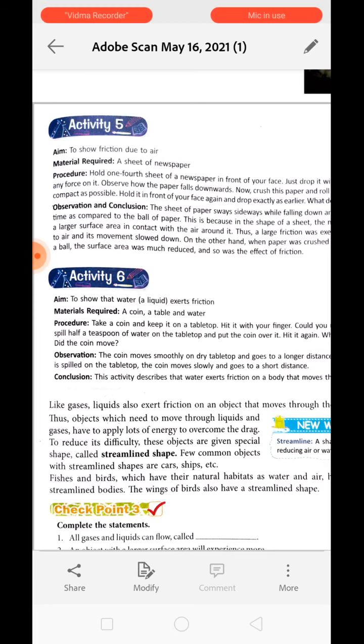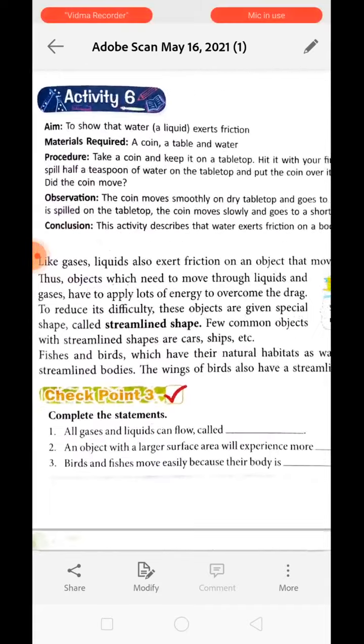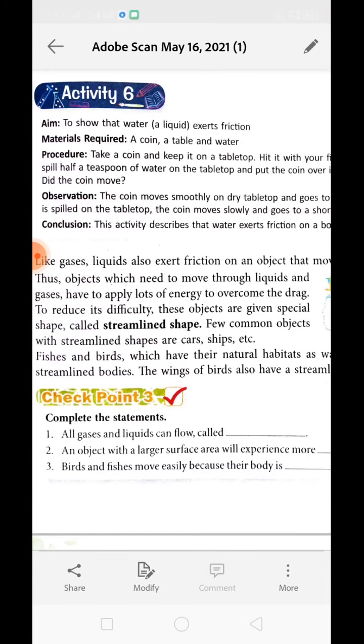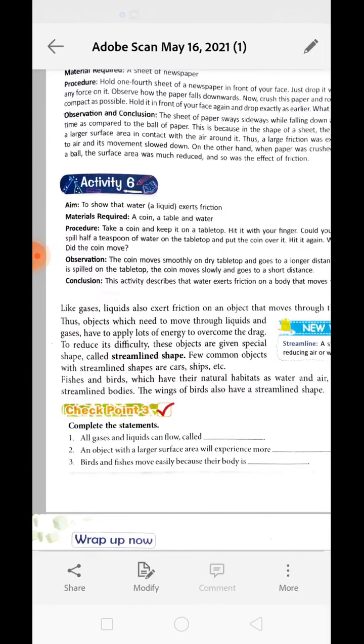Objects that need to move through liquids or gases acquire a special shape to overcome the drag. That special shape is known as streamline shape. To reduce the difficulty caused by drag, the object should have a streamline shape.